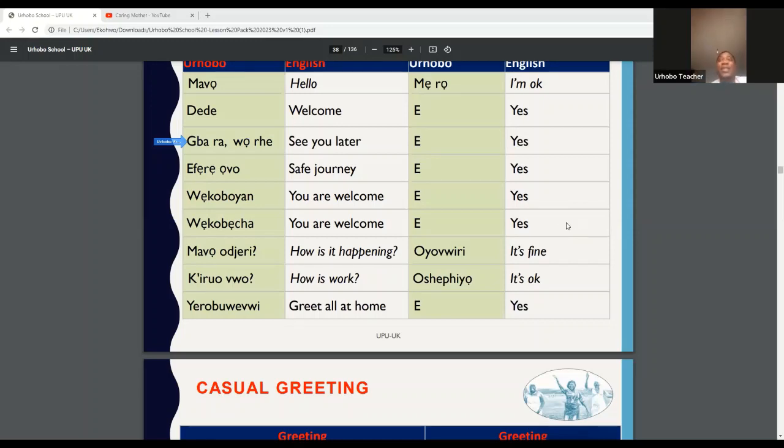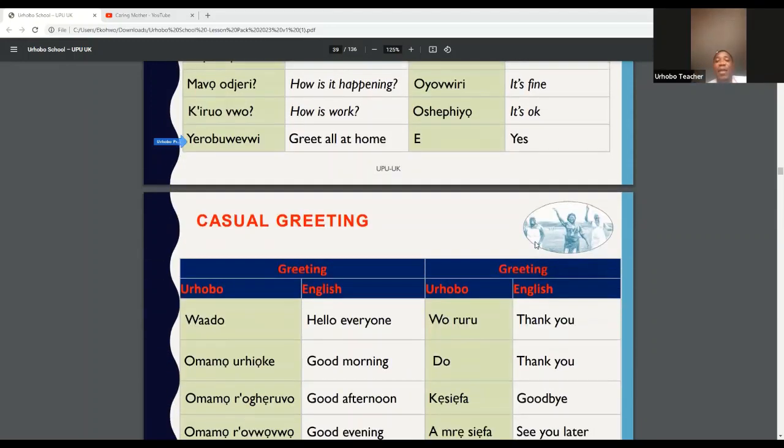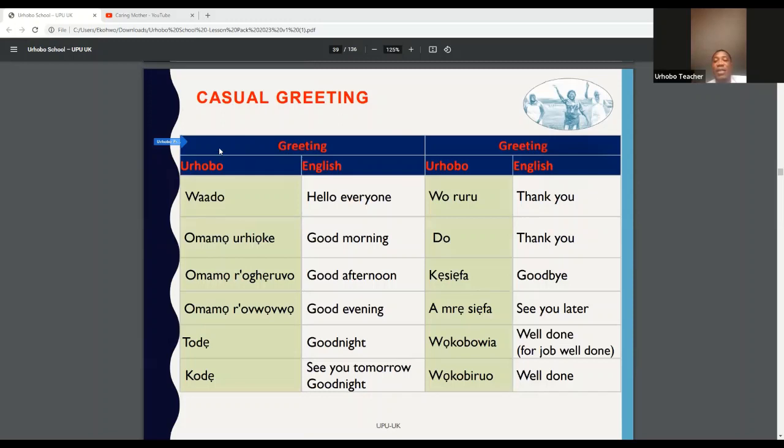Then the next one, Amre siefa. Mre is to see, siefa is later.